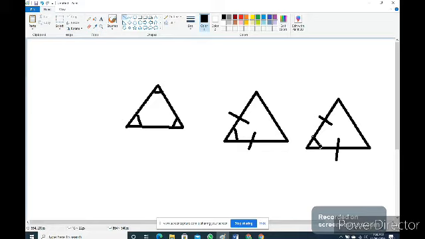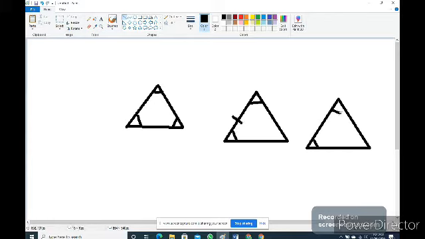The third criterion is going to be ASA. When you are given two angles and a side, then they are congruent with the criterion of ASA, angle, side, angle.